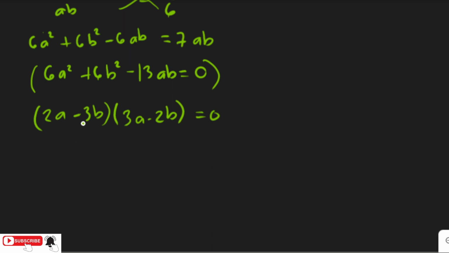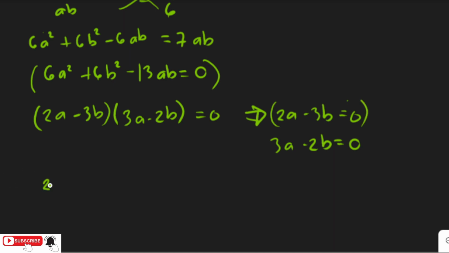So we have two possibilities: 2a minus 3b is equal to 0, and 3a minus 2b is equal to 0. So we'll solve the first one.